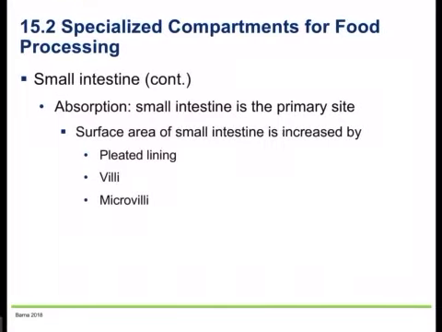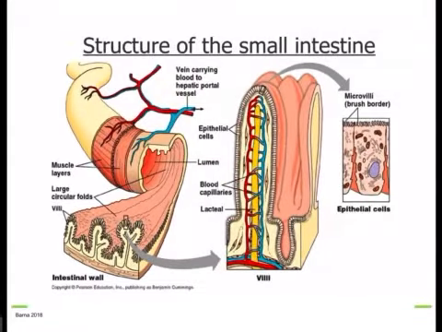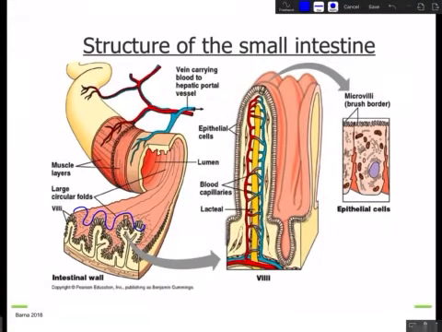Okay, with the small intestines here, we are absorbing all these nutrients. That pretty much happens predominantly in the jejunum. And just looking at this image right here, if you look at the small intestines, you have these things called pleated lining, or these folds right here. Sometimes they call them circular folds, and in that you have what's called villi. And in the villi, all of these individual cells are made up of microvilli.